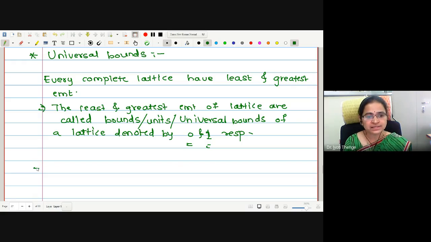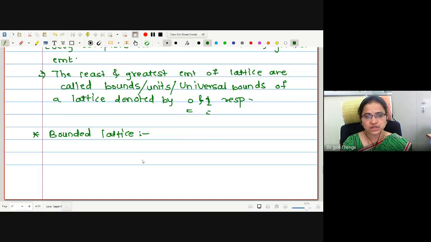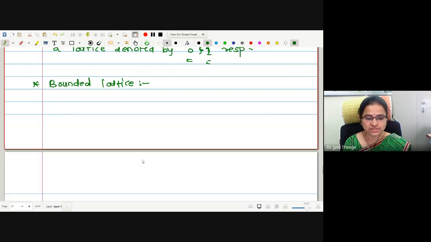Next definition is bounded lattice. The definition itself tells you the meaning: a lattice which has both universal bounds, that is 0 and 1, that is, the least element and greatest element exist. Let us write the definition.